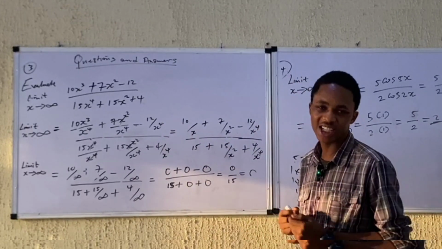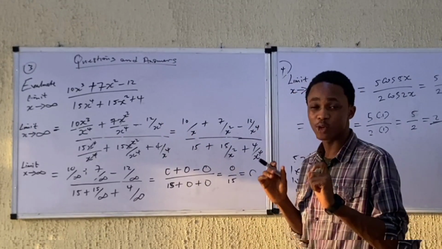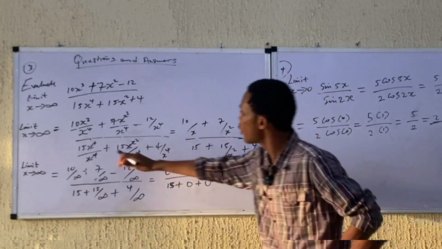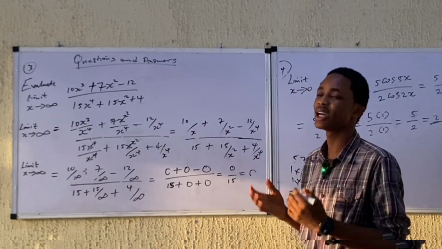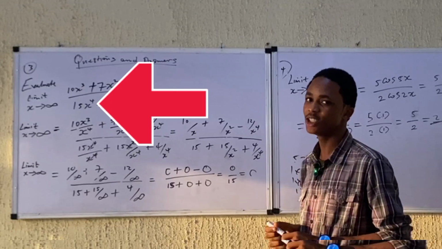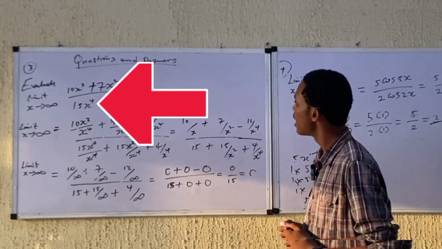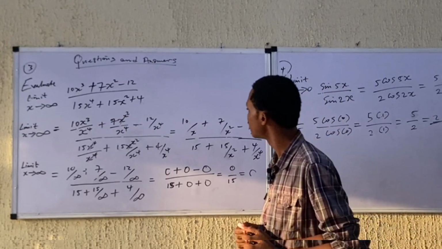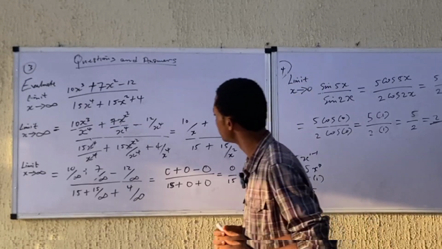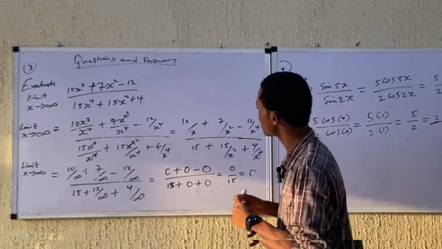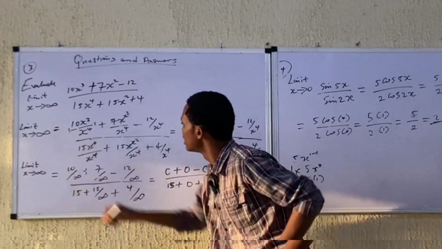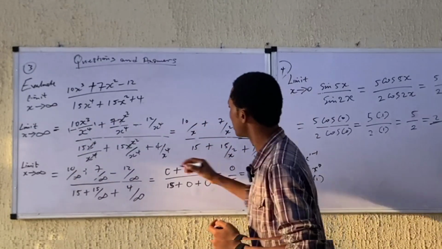The reason why I use x raised to the power 4 is that, according to the rules and formula of limits, when dealing with infinity, we tend to divide by the highest power of x at the denominator. So that should be noted as well, which will be very helpful as we continue. Now, starting with this one, the x's tend to cancel each other out.